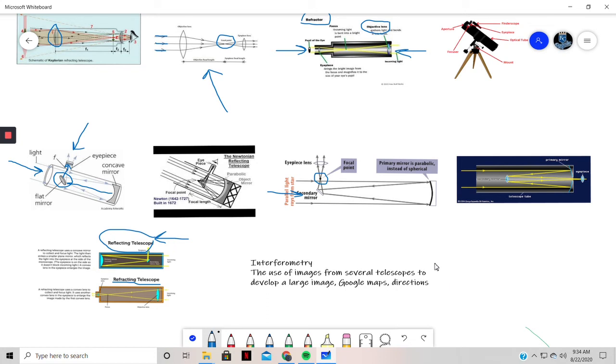So now we're going to talk about this. This will be number 7. Be sure you have that written down. That'll be number 7, and it will also be your last thing that you have to write down. But let's talk about this interferometry idea and the ways in which we see that in our daily lives.